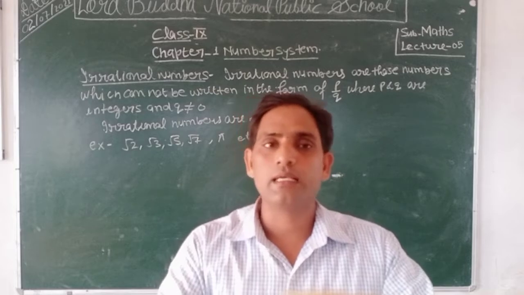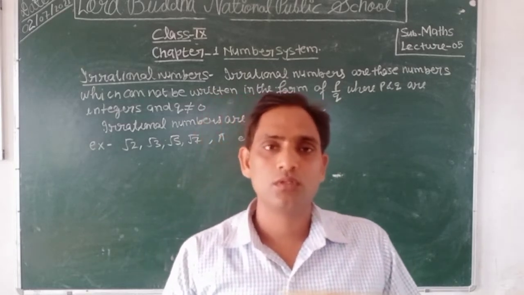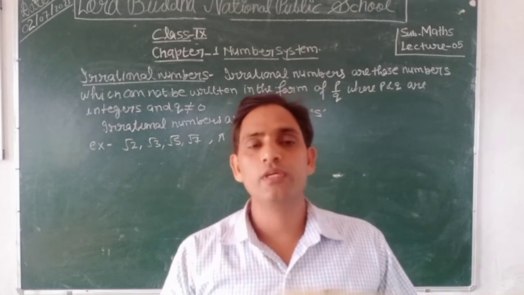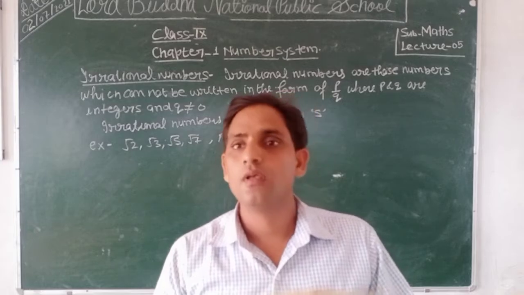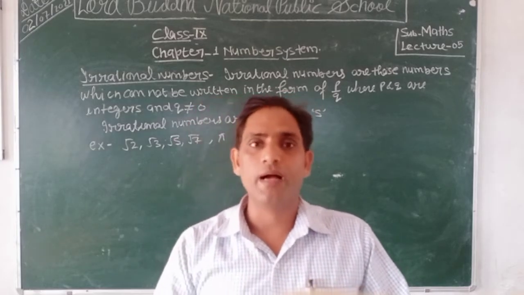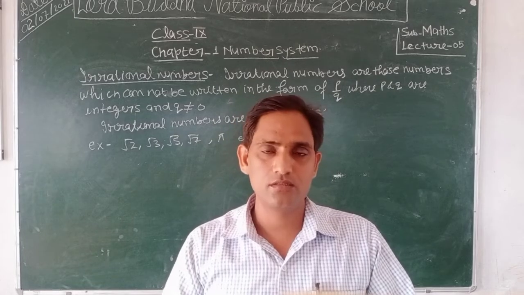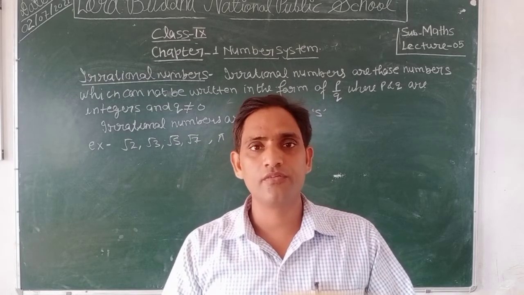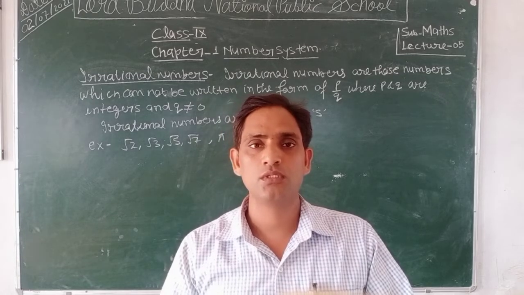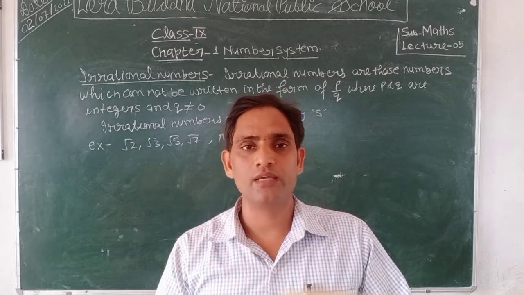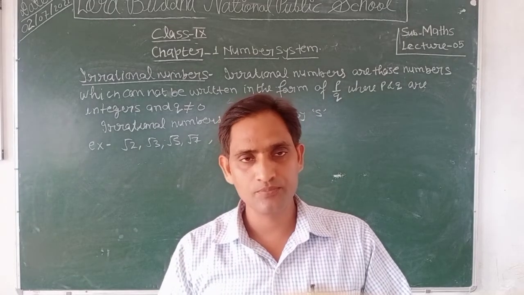As I already mentioned, if q is 0, then it is undefined. The symbol by which we represent irrational numbers is S, and examples are root 2, root 3, root 5, root 7 and so on. Pi is also an irrational number.